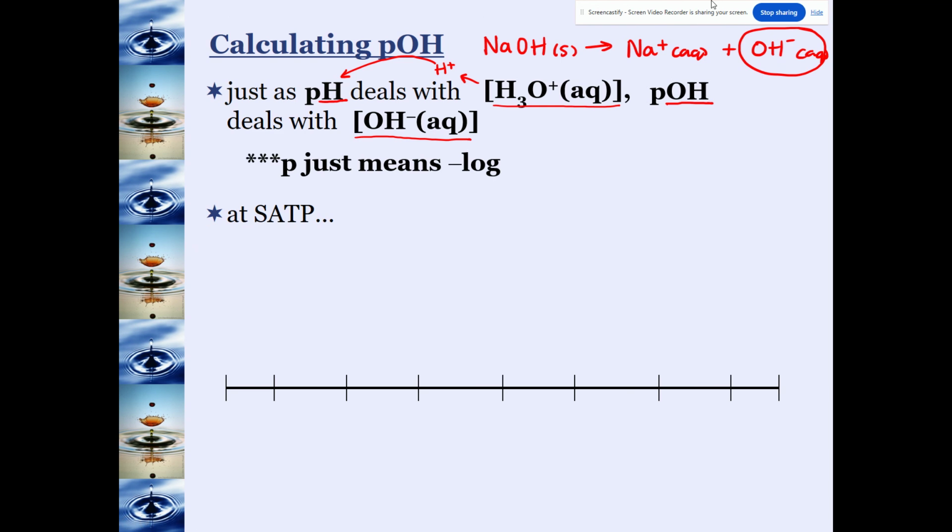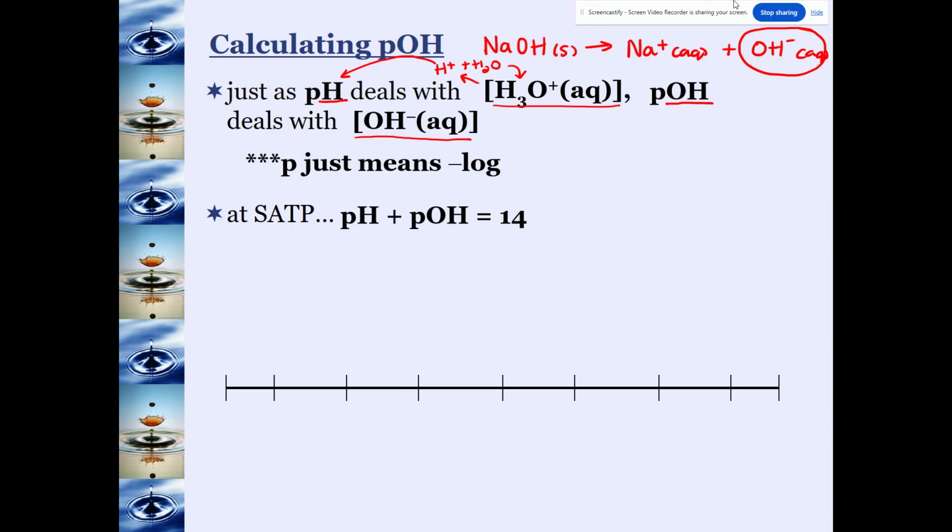If you have an acid which generates hydrogen ions which bond with water to make hydronium, so hydronium is really the more accurate way of saying hydrogen ions coming off of your acid, you get pH. When you have an ionic hydroxide, a base, and you take the negative log, you're going to get pOH.